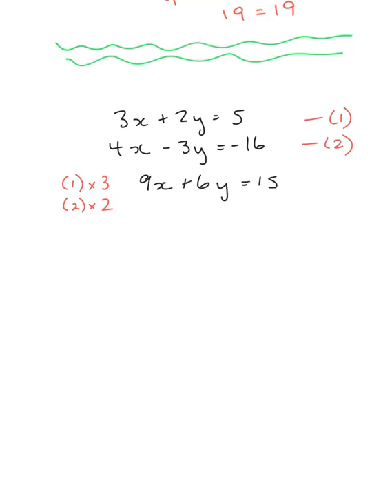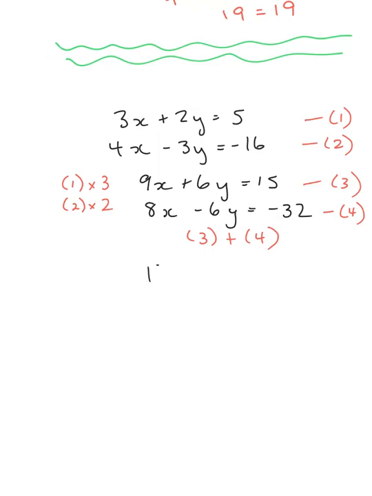I call this equation 3. Multiplying equation 2 by 2 gives 8x, take 6y, equals negative 32. I call this equation 4. If I now add equation 3 to equation 4, I will eliminate the y variable.